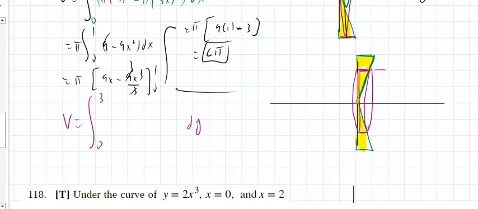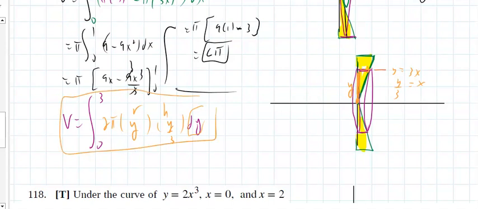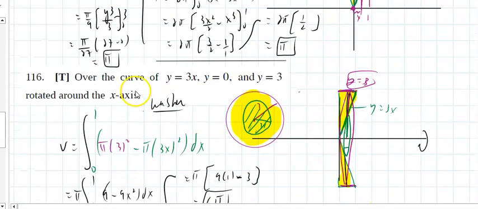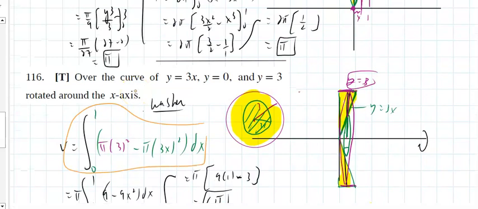If it's on the x-axis, I call it x. If it's on the y-axis, I call it y. And you notice that that turns out to be the radius of that cylinder. And the height is right minus left. This is y equal 3x. Remember, if this is dy, x equal y over 3. That will be the setup.